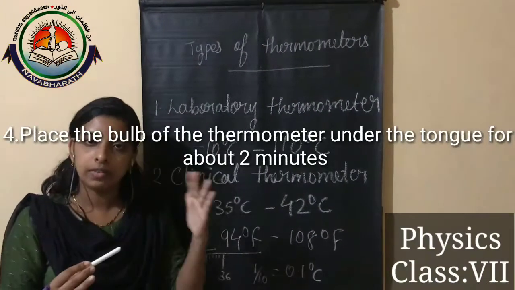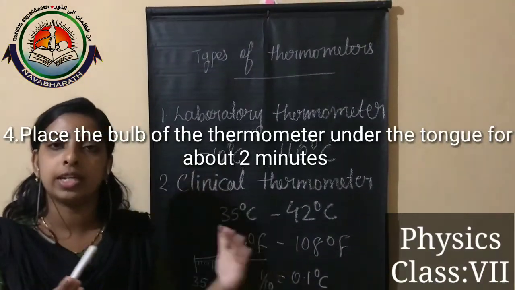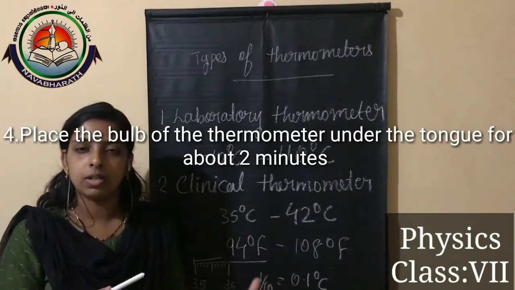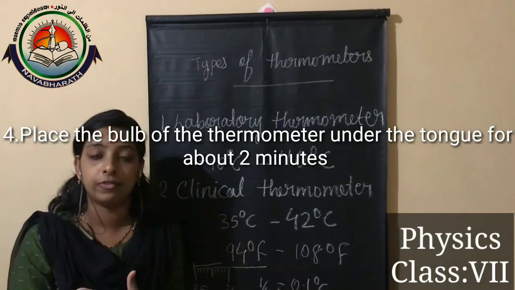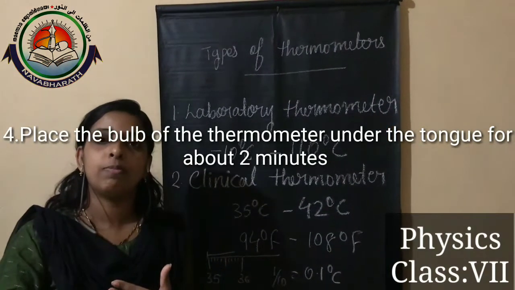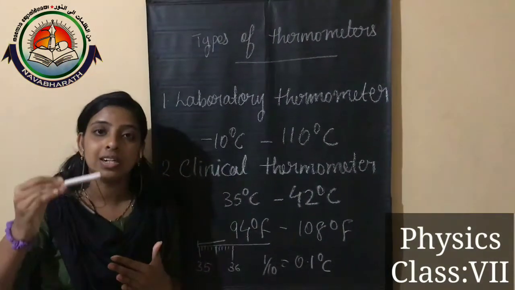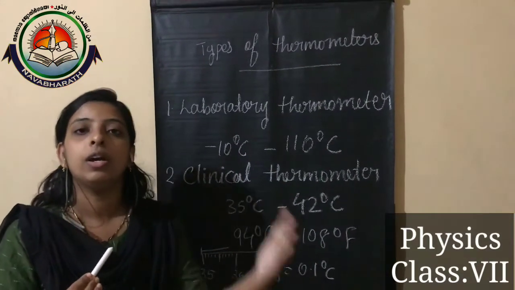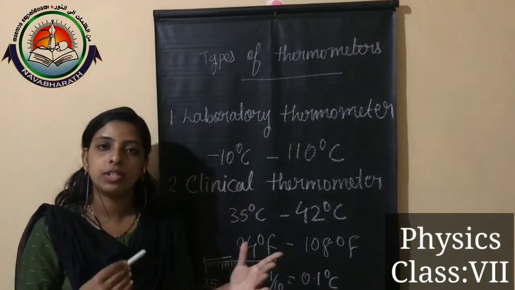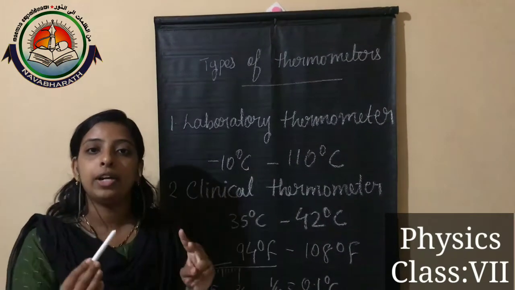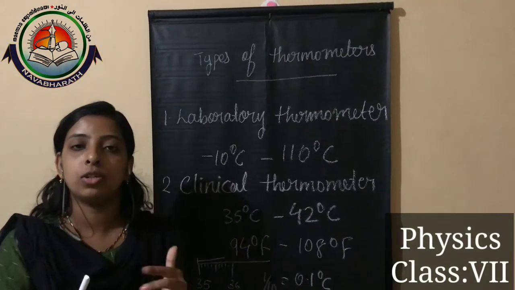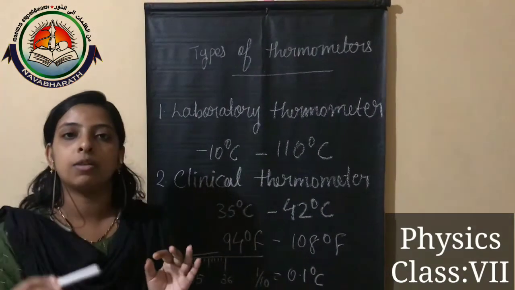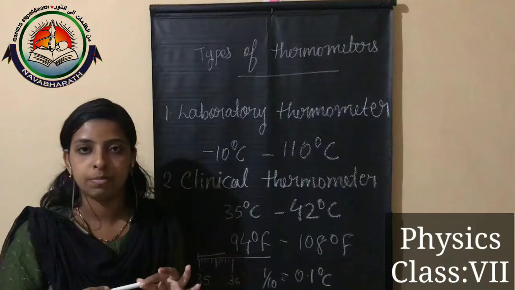When measuring the temperature of a patient suffering from fever, we place this thermometer under their tongue for 2 minutes. After that we can take it out. But in the case of children, we mainly place these thermometers in their armpits.